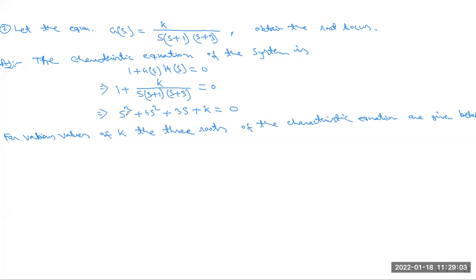Here you can see the highest order of s is cube. That means there are three roots. So first one is K, then s1, then s2, another one is s3. So you have to easily prepare this table also.